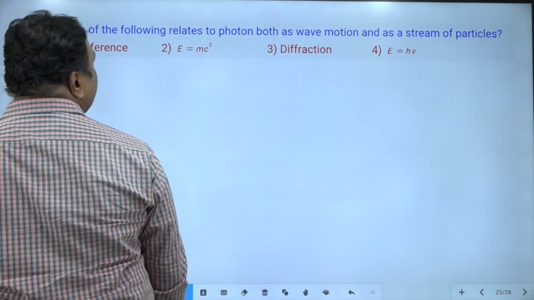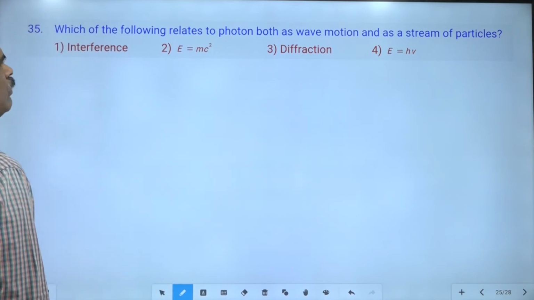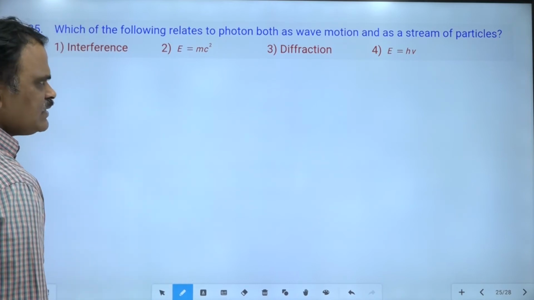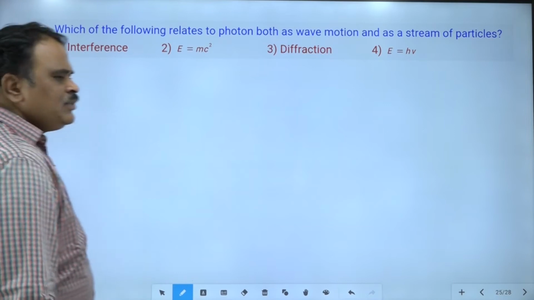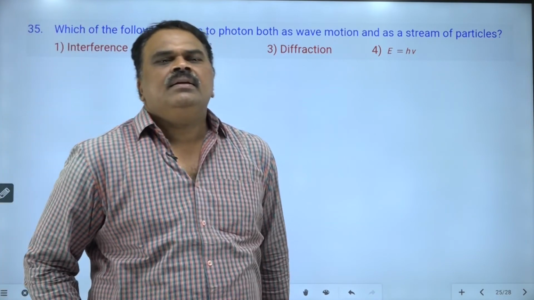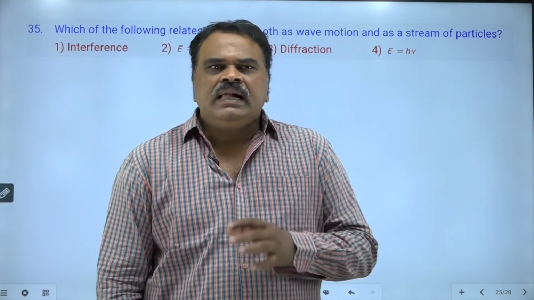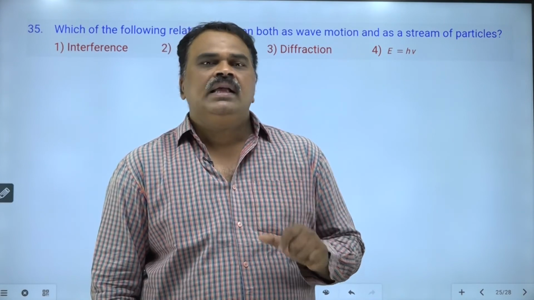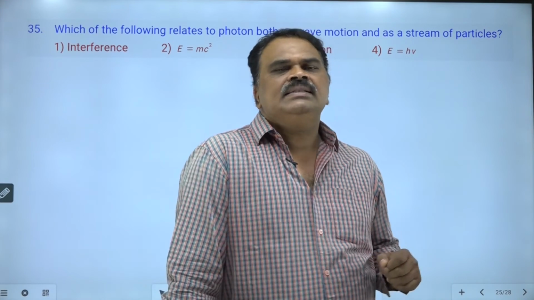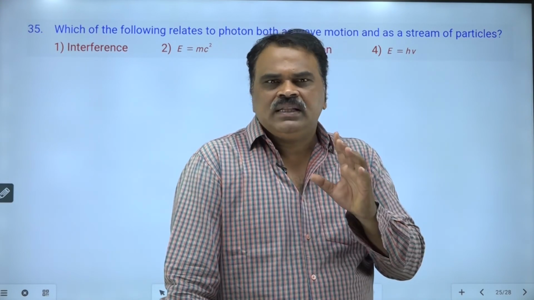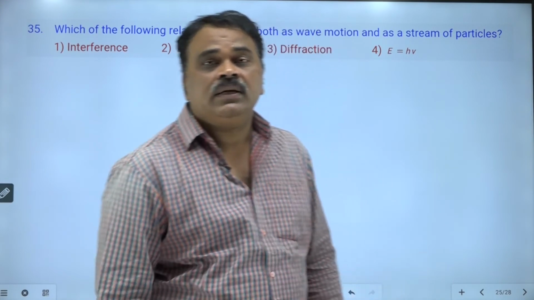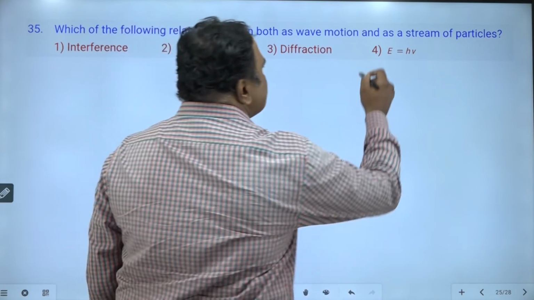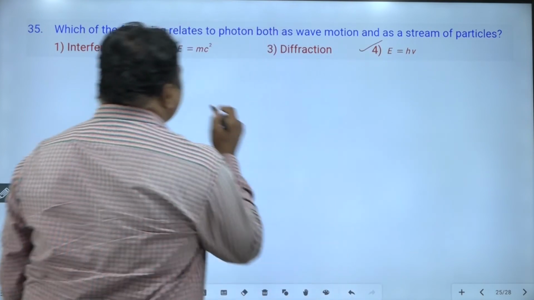Which of the following relates both the photon as a wave motion as well as a stream of particles? According to Planck's quantum theory, the energies emitted or absorbed by a body are in the form of quanta, whereas according to Einstein, the energy emitted or absorbed by a body is in the form of small packets called photons. So E is equal to h nu.